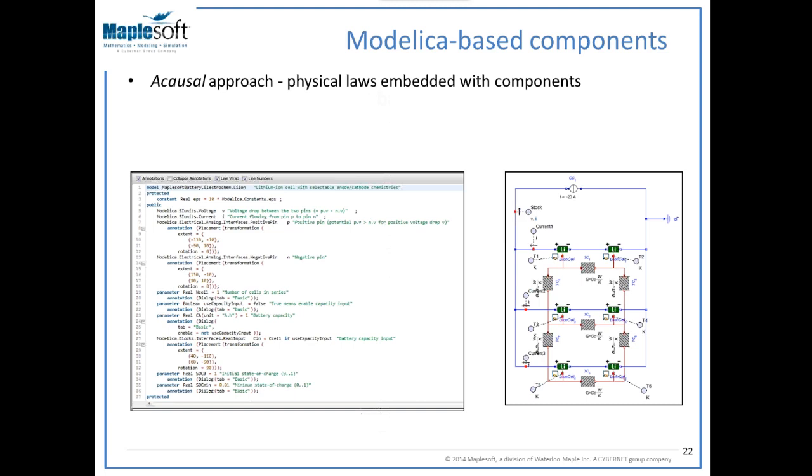You can actually view the equations by using the Modelica code view capability in MapleSim. This approach also allows the battery component to be easily integrated with other components from different physical domains in MapleSim. You can easily connect your battery component with other electrical components, and you can also connect them to other thermal components, as you can see in the model diagram on the right hand side here.